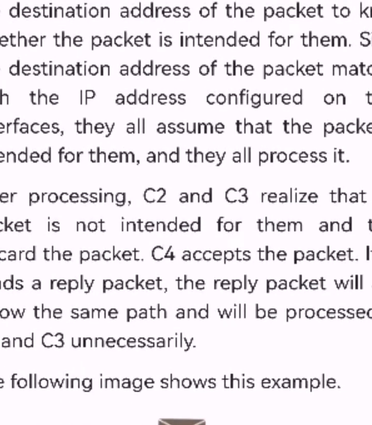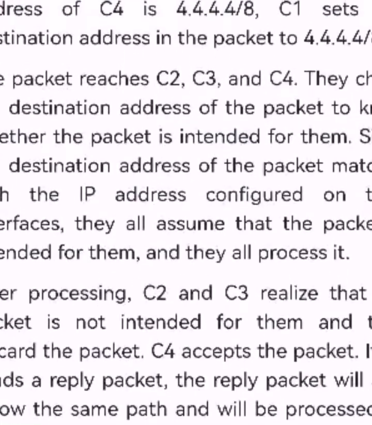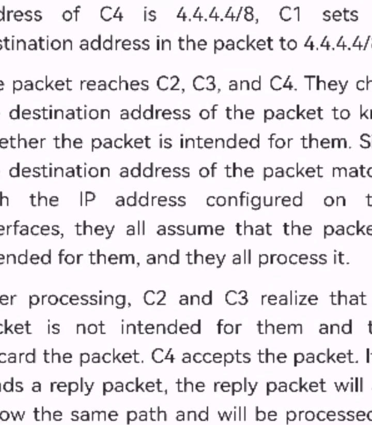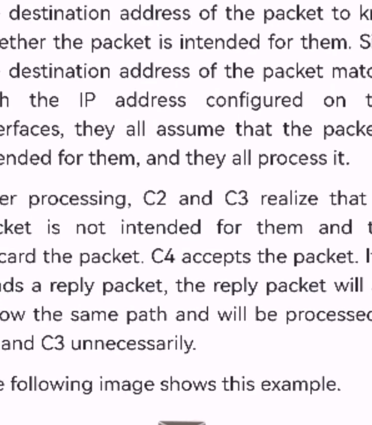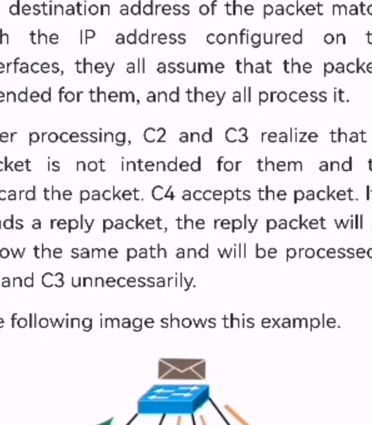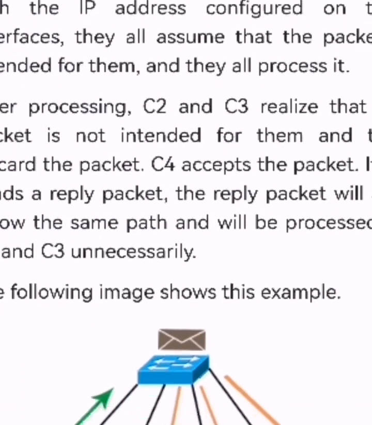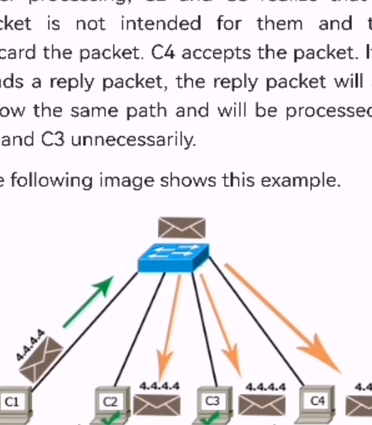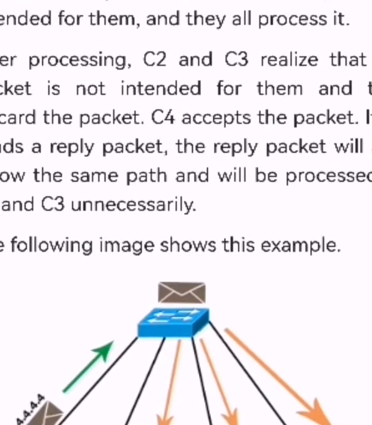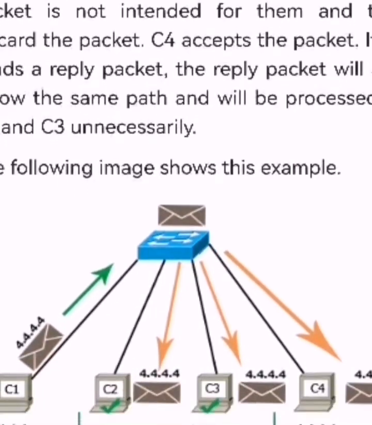The packet reaches C2, C3, and C4. They check the destination address of the packet to know whether the packet is intended for them. Since the destination address of the packet matches the IP address configured on their interfaces, they all assume that the packet is intended for them and they all process it.